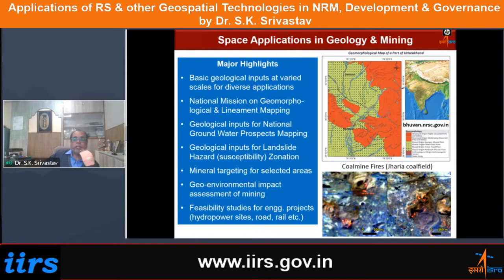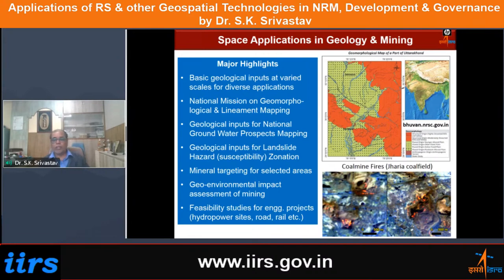Mineral targeting for carrying out further investigations on the ground, whether geophysical, geological or geochemical surveys. The purpose of using remote sensing for mineral exploration is that if we are working in a large area, we try to find suitable areas, favorable areas, thereby reducing the area of investigation on the ground, which in turn reduces the time and cost of the investigation.